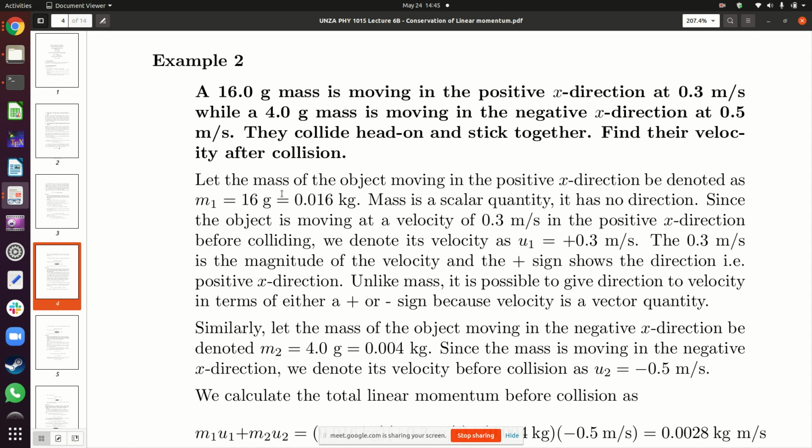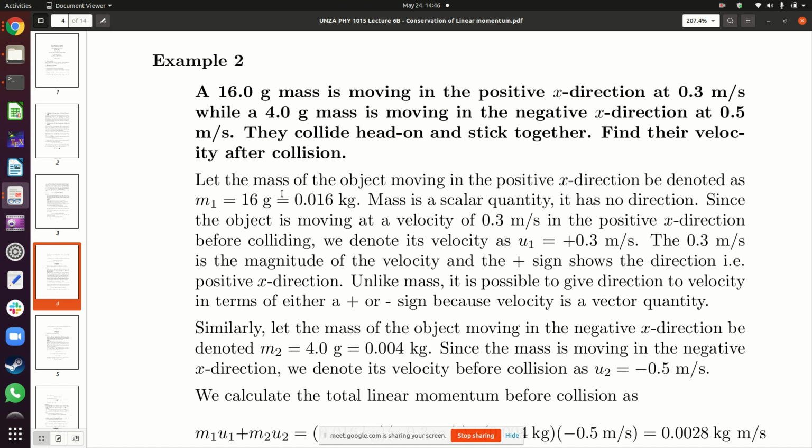This mass of 16 grams is moving in the positive x direction at 0.3 meters per second, while a 4-gram mass is moving in the negative x direction at 0.5 meters per second. They collide head on and stick together. Find their velocity after collision.